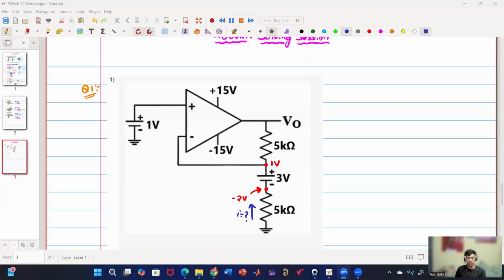Hello, current through 5 kilo ohm. Anyone? 10 amperes, someone also says 10 amperes. How are you getting 10 amperes? I'm wondering, how did you solve?